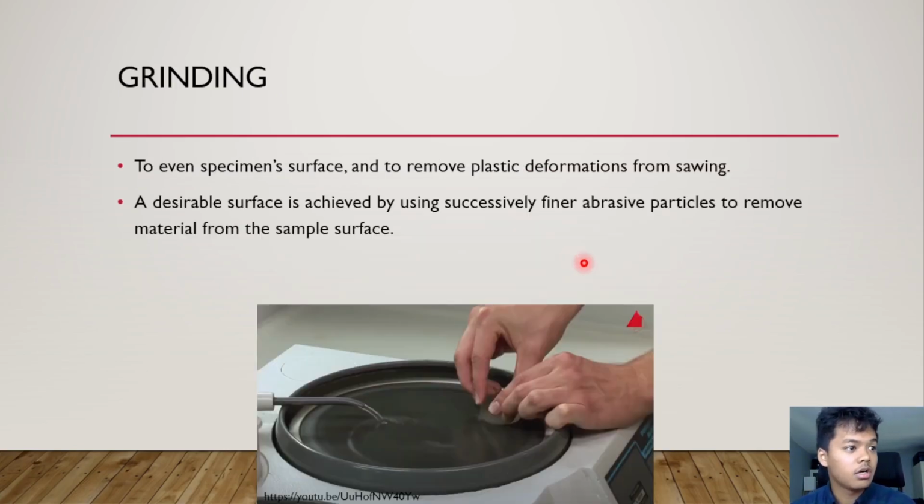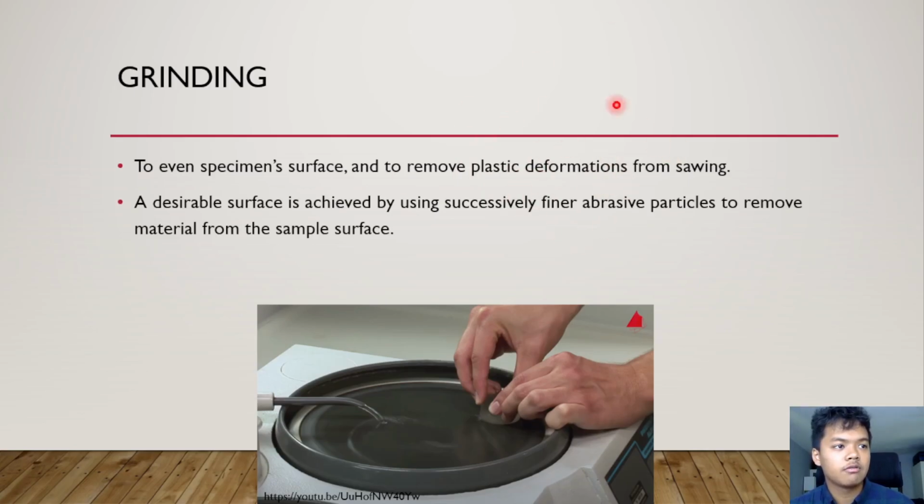Okay, next we are grinding, to even the specimen surface and remove plastic deformation from sawing. A desirable surface is achieved by using successively finer abrasive particles to remove material from the sample surface. We grind so that we can remove the plastic deformations from sawing.